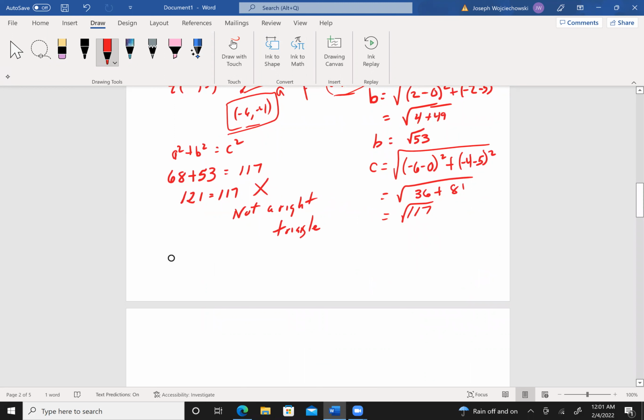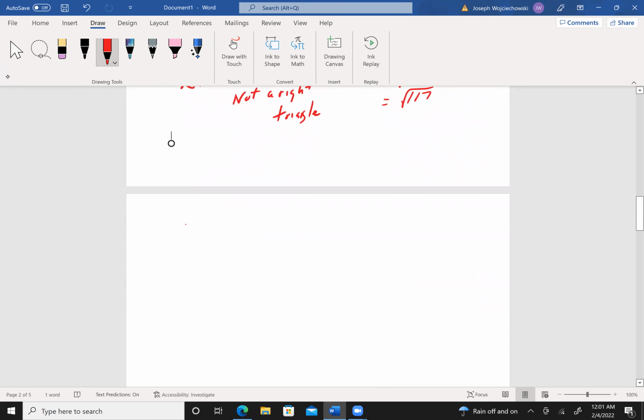Okay? So now let's talk about the midpoints, and we'll just bring up this formula. The midpoint is essentially x1 plus x2 divided by 2, y1 plus y2 divided by 2. That's it.